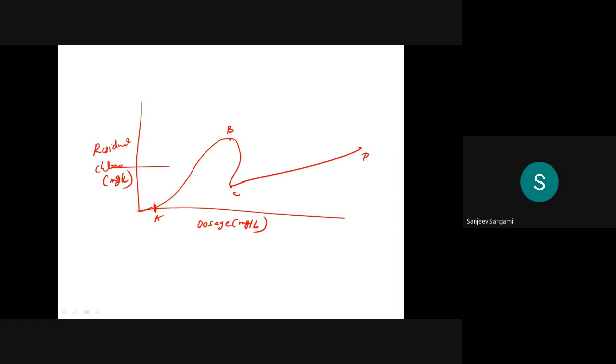If you add the chlorine here, there is oxidation of iron, Mn, etc. From here to here, we can say formation of chloramines.